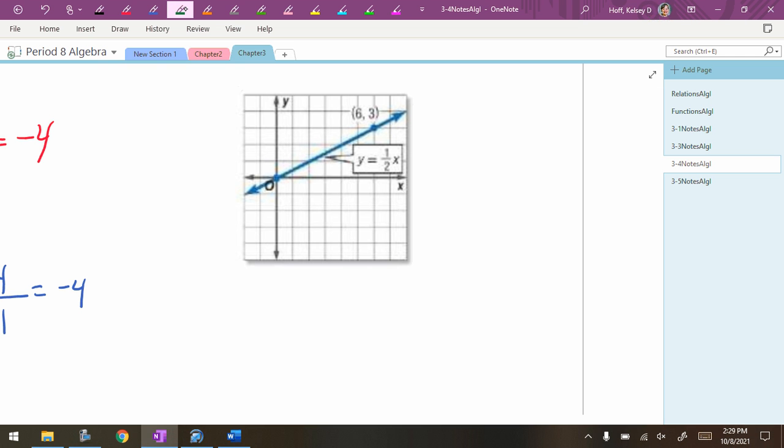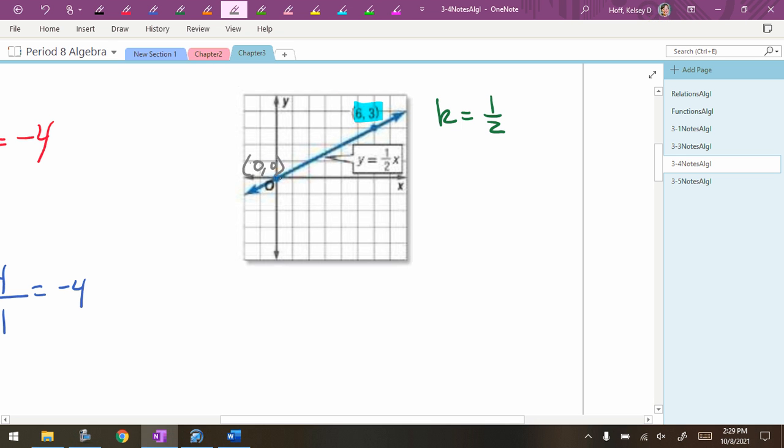Okay. So in this one, your equation is y equals 1/2 x. What's your k value? 1/2. You guys find your slope. Miss Hoff, they only gave me 1 point. What's the other point? 0, 0. Okay.